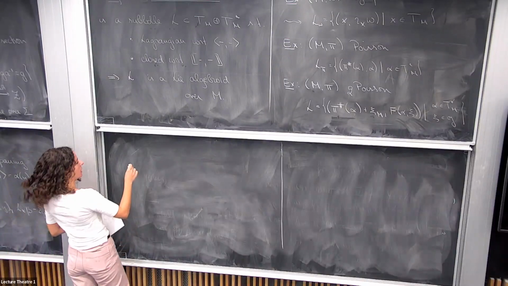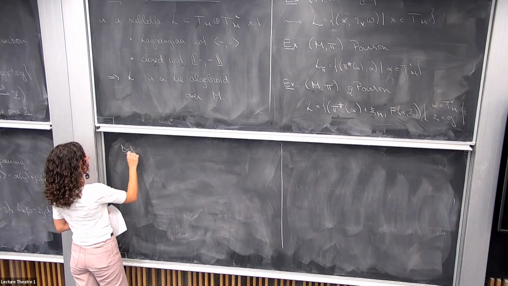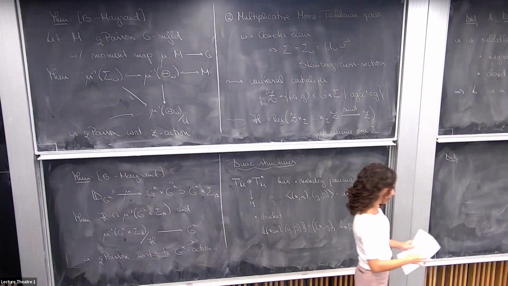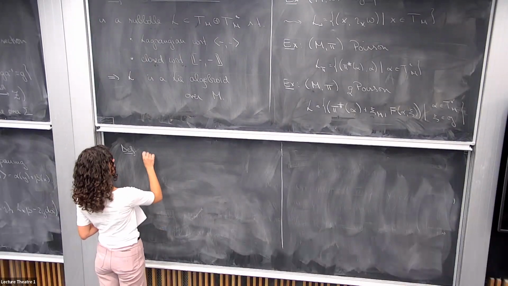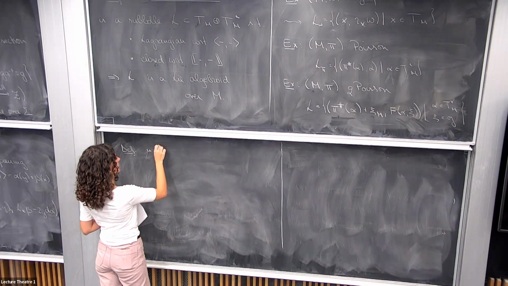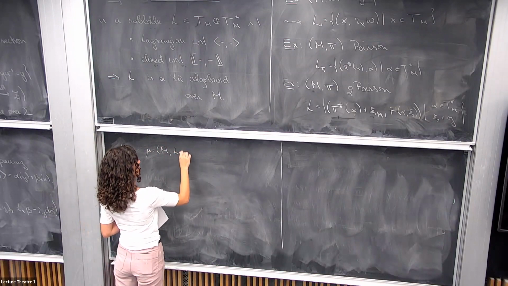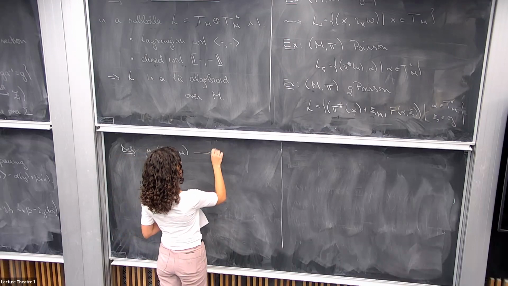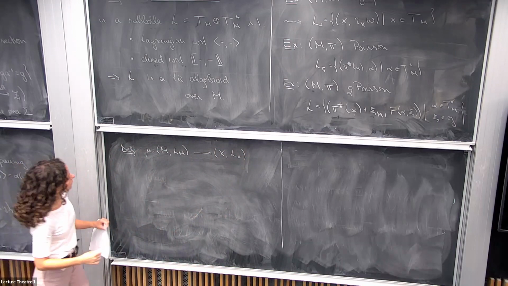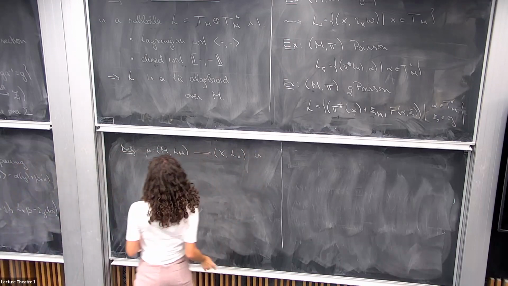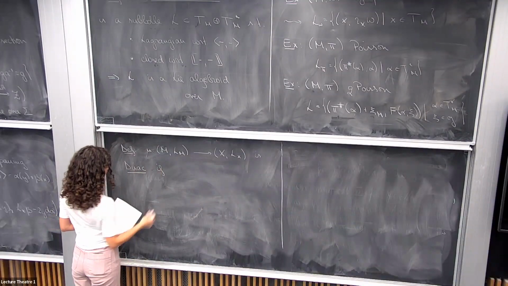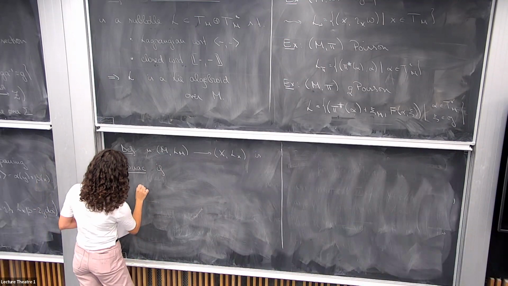So when I have such structures, obviously I can ask what are useful maps between them. I'll give one definition that is an example of such a map. So suppose that mu is a map from a Dirac manifold M to a Dirac manifold X. This map is going to be called Dirac if it satisfies two properties.